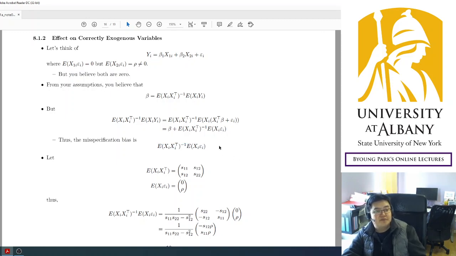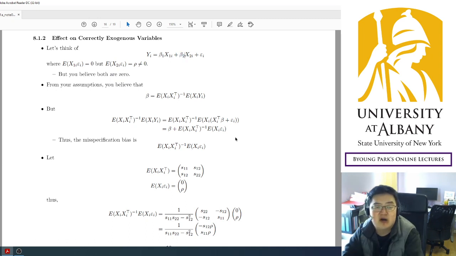And remember, this is a 2 by 1 vector. So x prime x is 2 by 2, and x epsilon is 2 by 1, because x is a 2 by 1 vector. So this misspecification bias is also a 2 by 1 vector, which means the first element of this bias is the bias for beta 1, and the second element is the bias for beta 2.